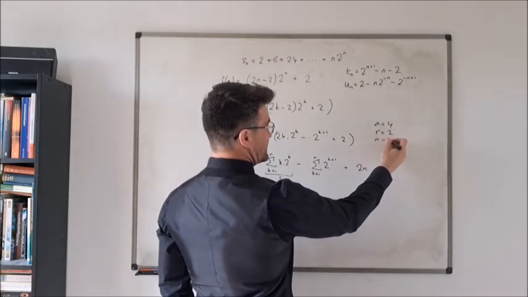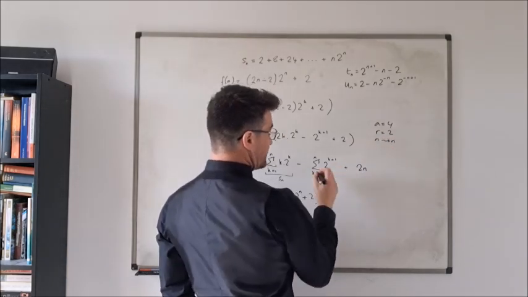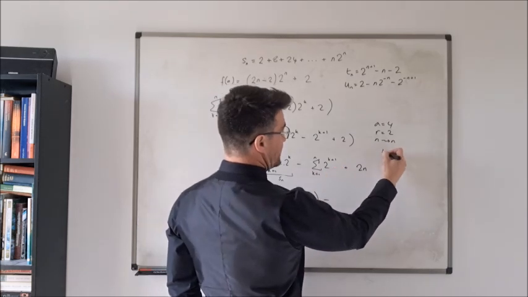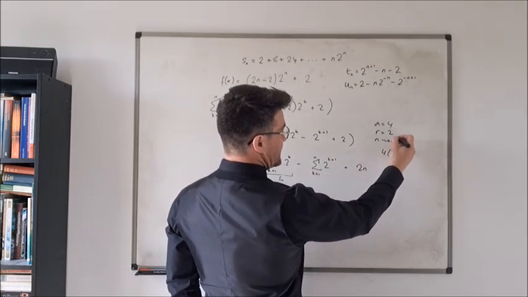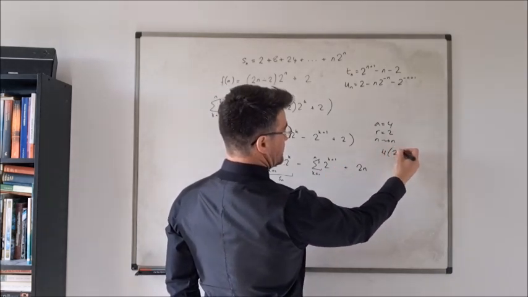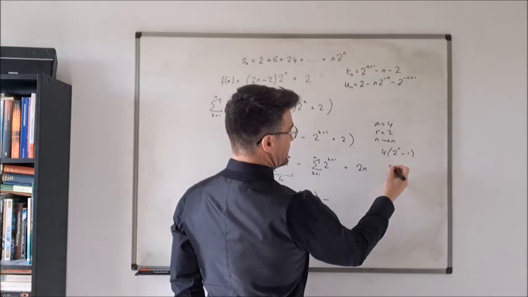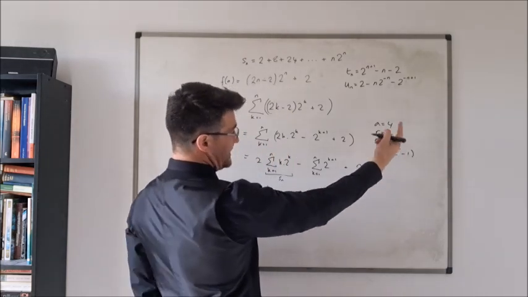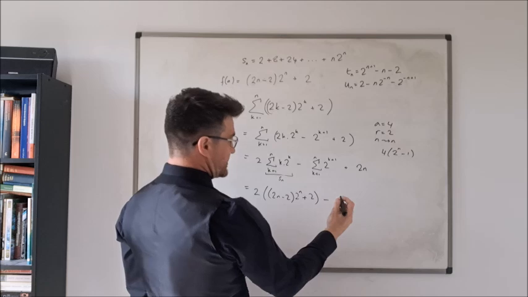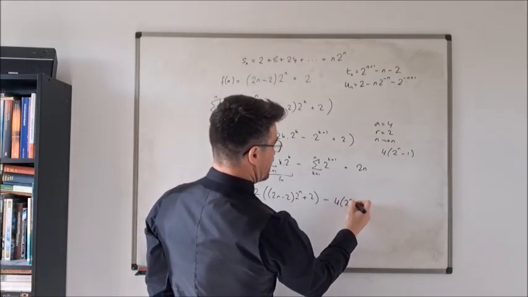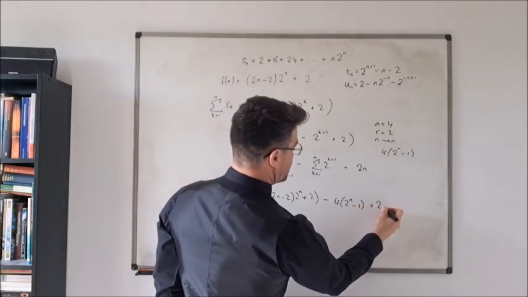The number of terms is n. So the sum of this is just going to be 4 times (r to the power of n, 2 to the power of n, minus 1) over (r minus 1, which is 2 minus 1, sorry), minus 4 times (2 to the power of n minus 1), plus 2n.